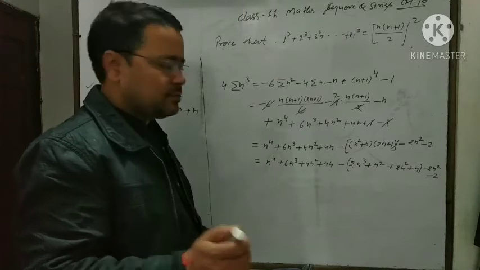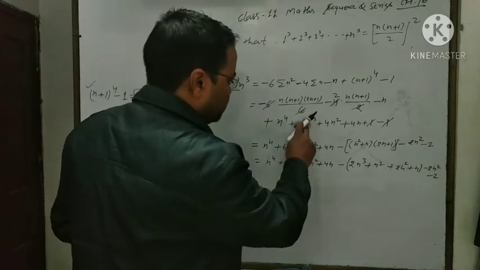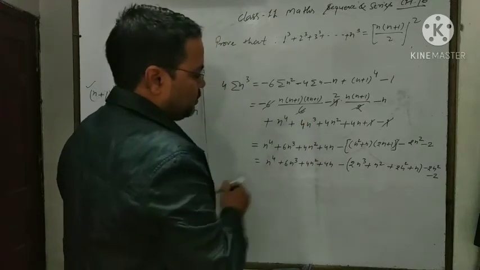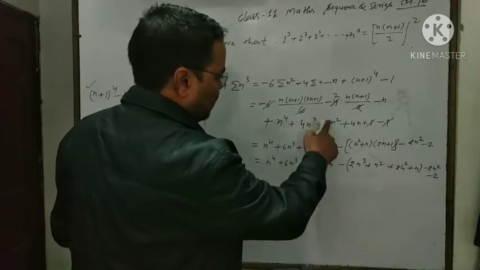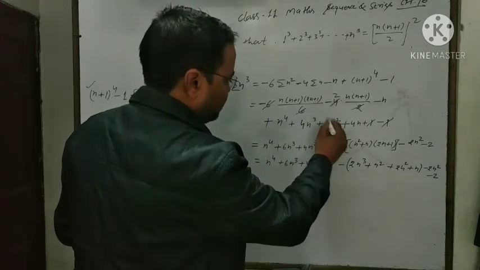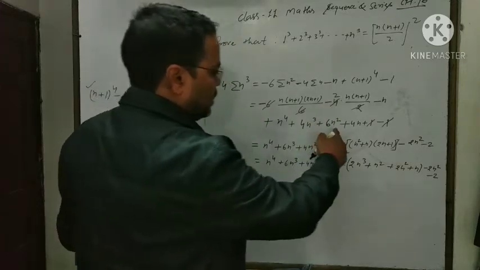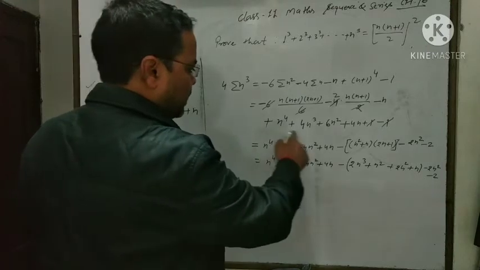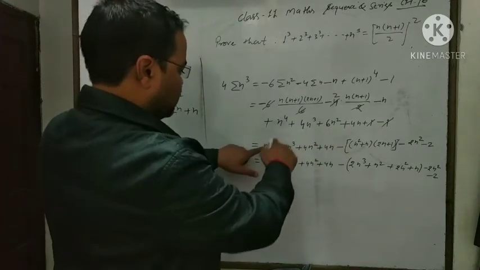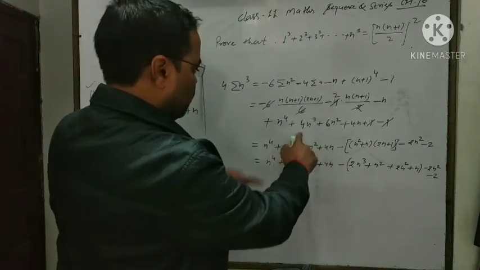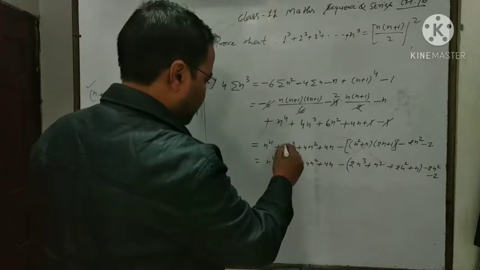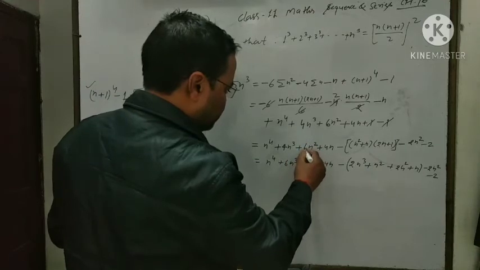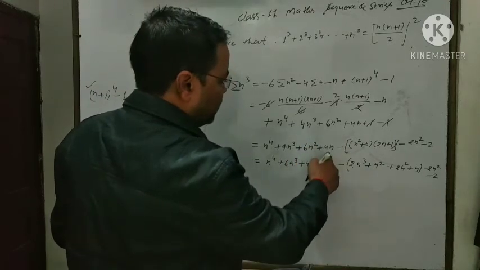Here students, we have some mistake here. Please, at the place of 6 we have 4n cube, and here it should be 6n square, then 4n, then this. Okay. Next step, here I am writing this one first. n raised to the power 4, 4n cube, 6n square plus 4n.